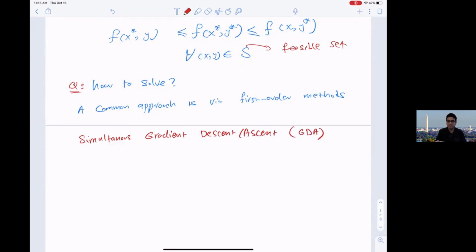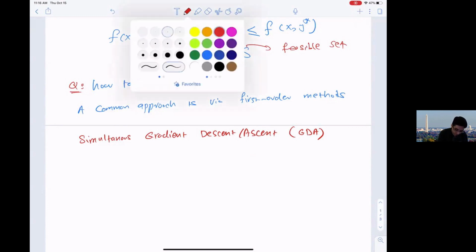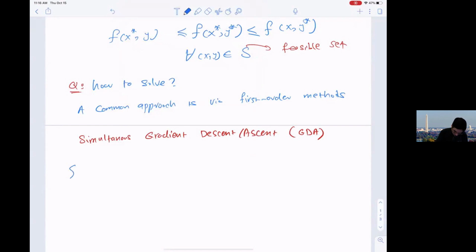All right, so here we are going to take one gradient step to optimize both x and y at the same time. So what are my updates? I have, let's say, x at time t plus 1 would be the same as x at time t.